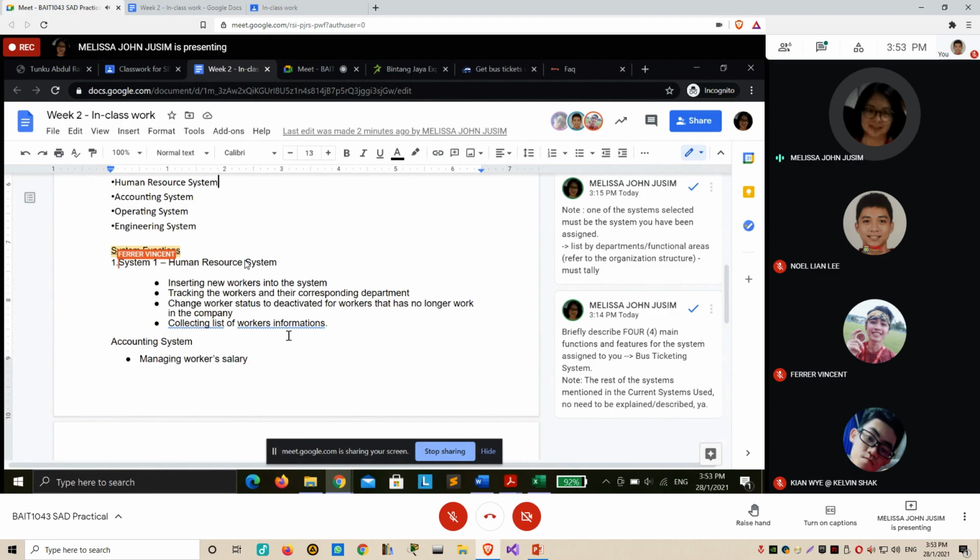Is it something like a point of sale system, where Speedbus has a sales clerk at the counter? So it's still a face-to-face purchase of the ticket, or do you want to make it online? But if you want to make it simpler, you just treat it like a standalone point of sale system.